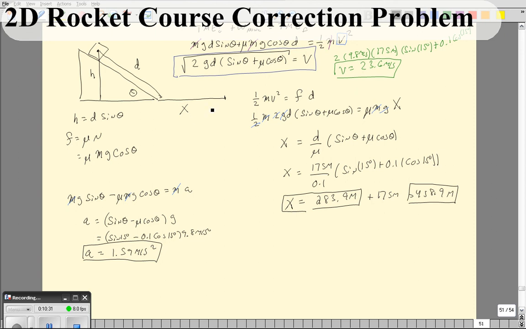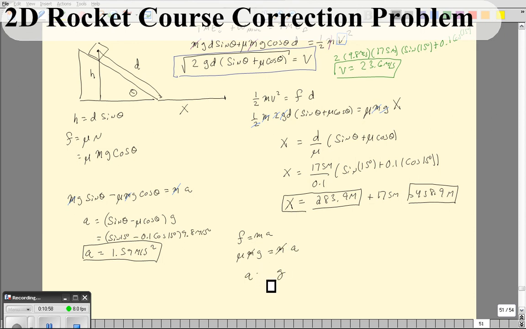Once you're in this region over here, your acceleration is going to be negative, and at that point the only force acting in the direction of motion is going to be the friction force, and that friction is going to be mu mg, again no cosine theta because at this point you're flat, that's going to equal ma. So at the bottom your acceleration is just mu times g.